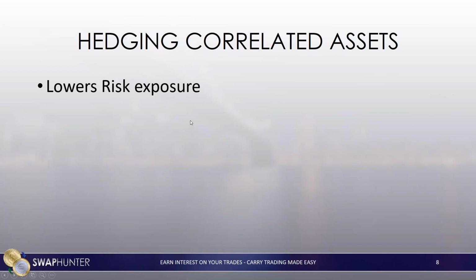Okay, so what sets us apart in how we trade with carries and swaps, and the way that the Swap Hunter indicator allows you to use this conventional, very old, very effective strategy, is an extremely unique approach. We allow you to hedge correlated assets or asset pairs.